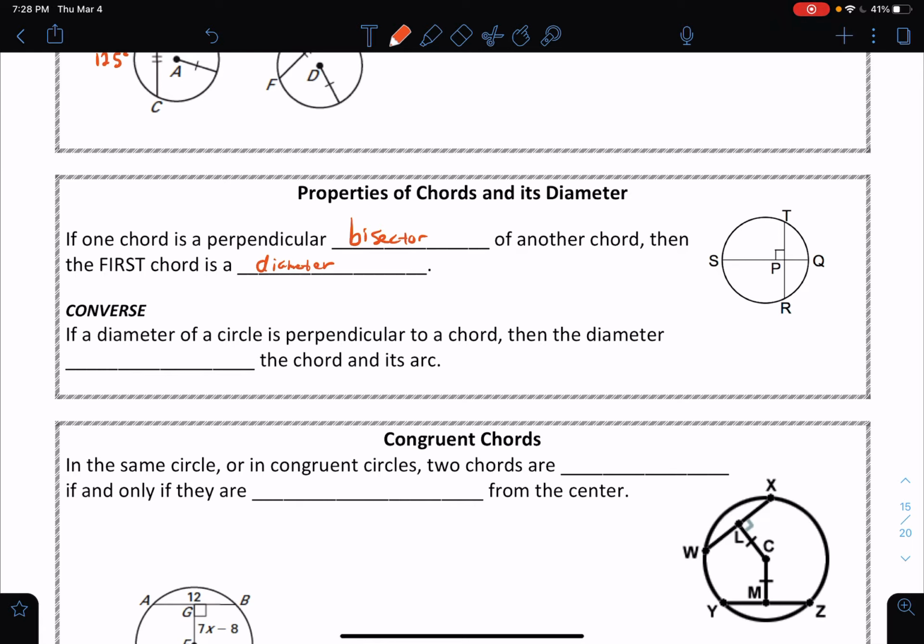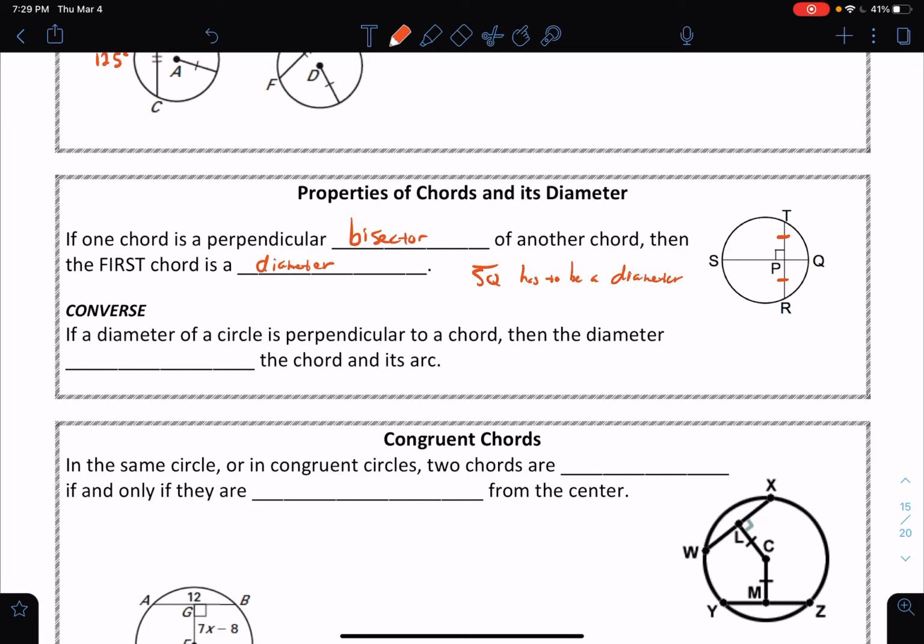So this diameter is coming through here and it's cutting this chord in half. So I know SQ has to be a diameter. That's the only time that situation is going to happen.